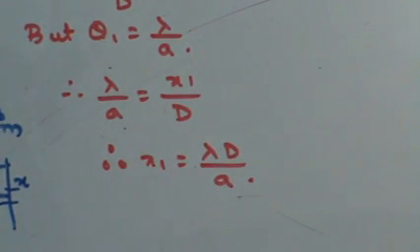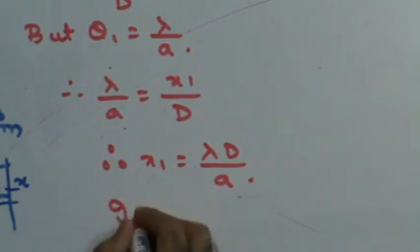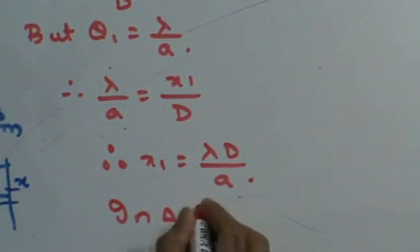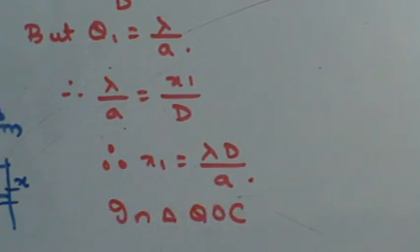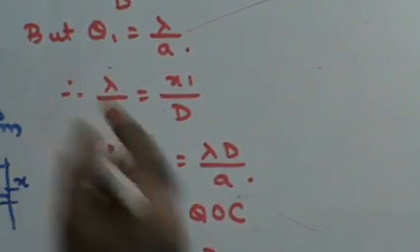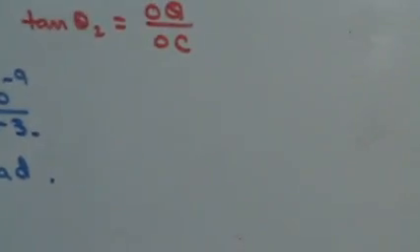Same way I can say in triangle QOC, tan θ2 is going to be nothing but OQ upon OC.